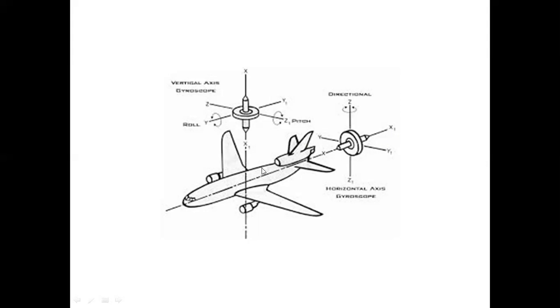Then the aeroplane will not always go in a straight line. Sometimes it will take a curve, a right or left turn. To make a right or left turn, it will be rotating about the z axis. This axis is called the precession axis.